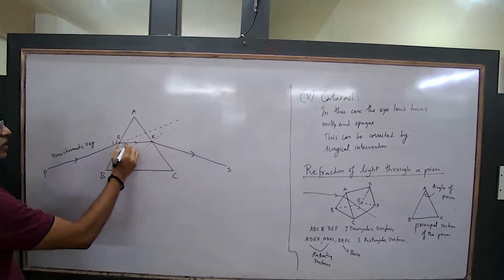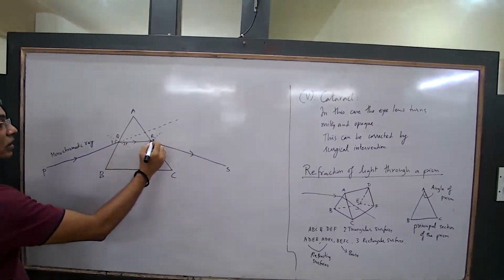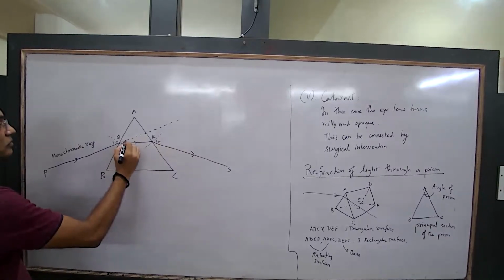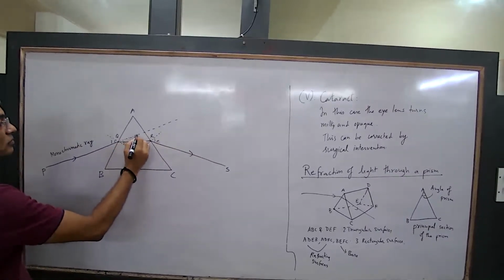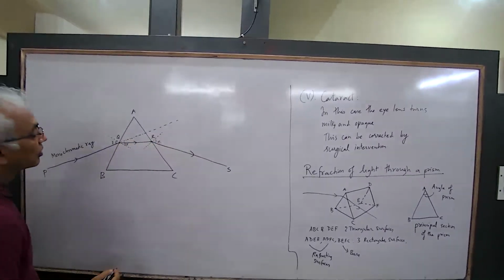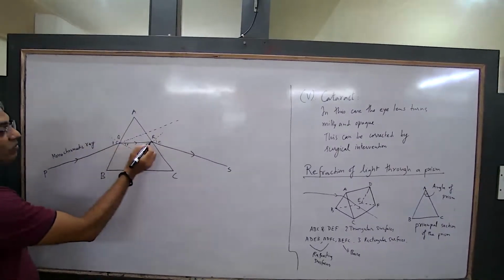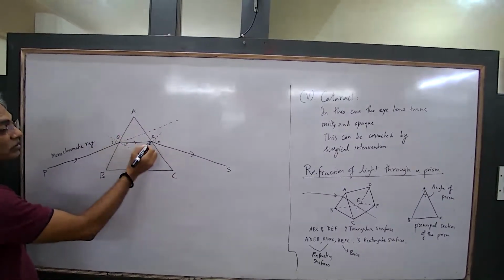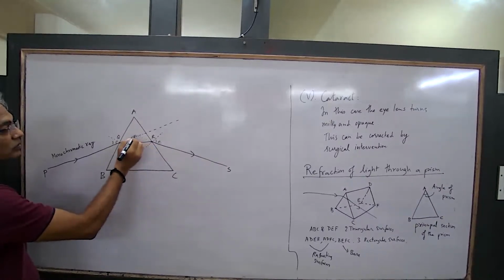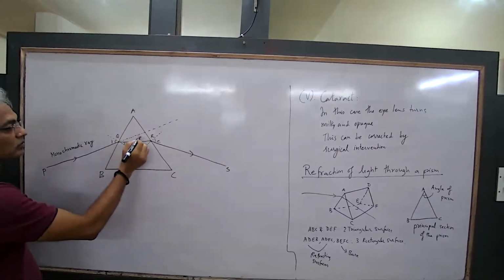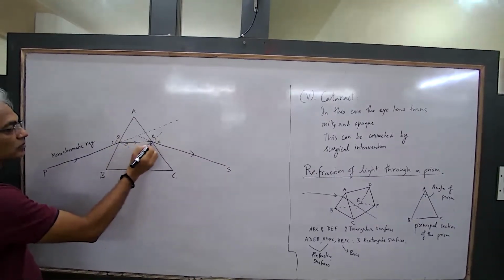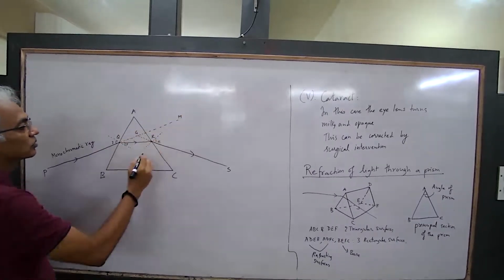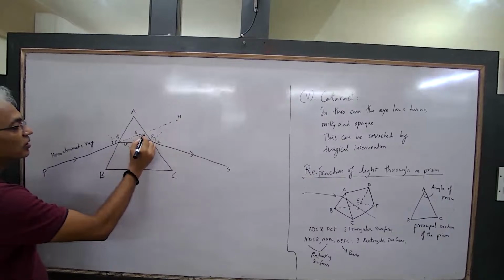This is angle of refraction. And this will be angle of emergence. When you extend this emergent ray backward, let's call this G and H. So this will be delta.